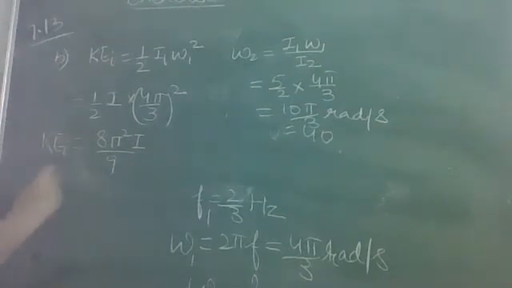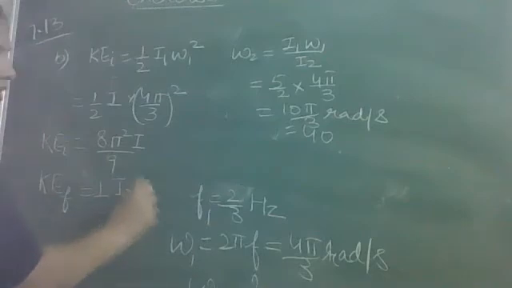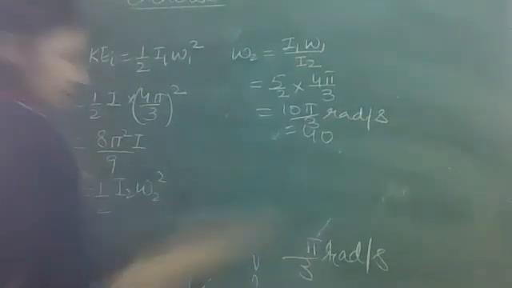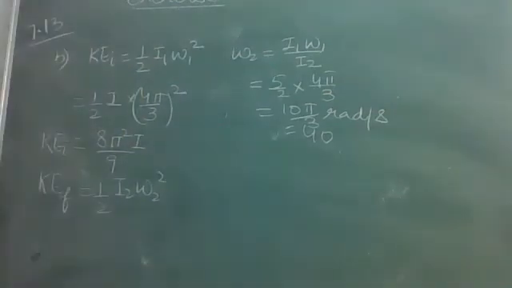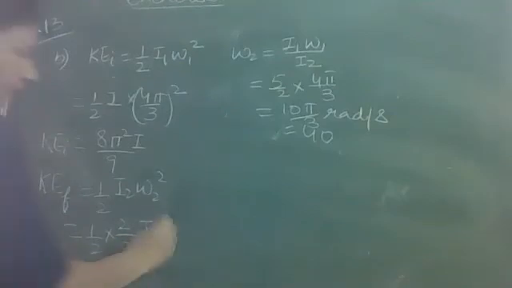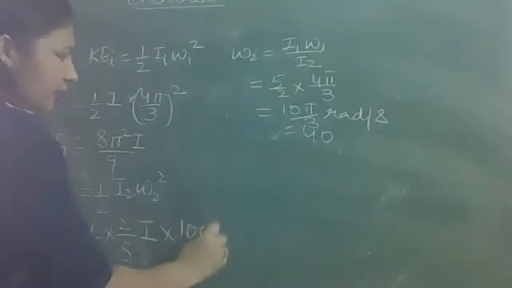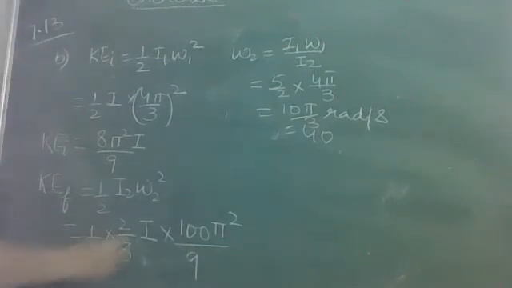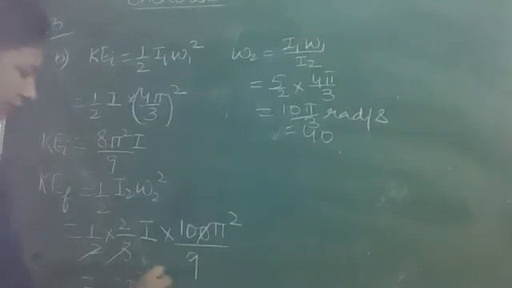Now let us find the final kinetic energy, half I2 omega 2 square. Half, 2 by 5 I, and omega 2 is 10 pi by 3, square it, 100 pi square by 9. So 5 2s are 10. You get 2 pi square I by 9.